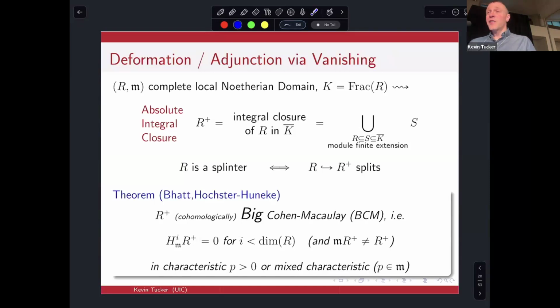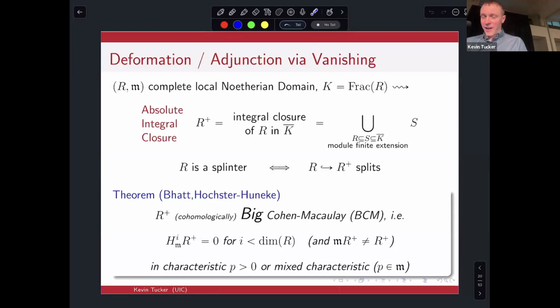There are some nuances here about exactly what that means, so let me just say the one that's maybe most relevant for Jakob tomorrow and easy to state here. It says that the local cohomology modules H^i_m of R^+ vanish for i less than the dimension. And of course, the maximal ideal times R^+ is not equal to R^+.